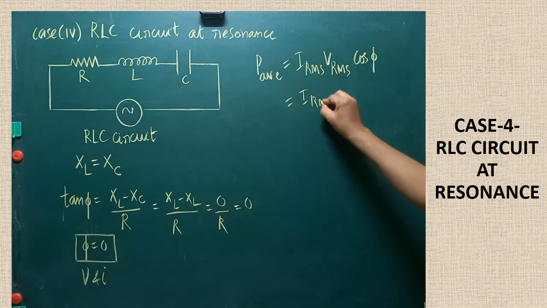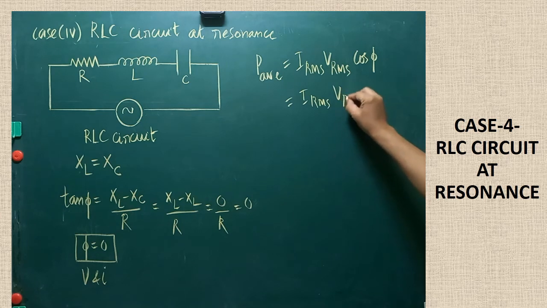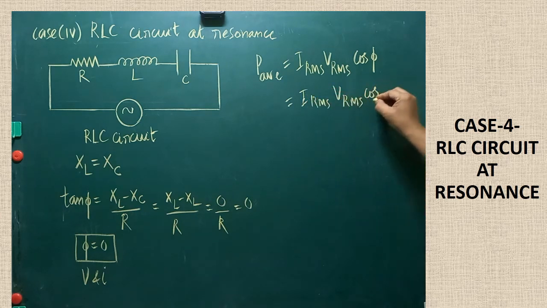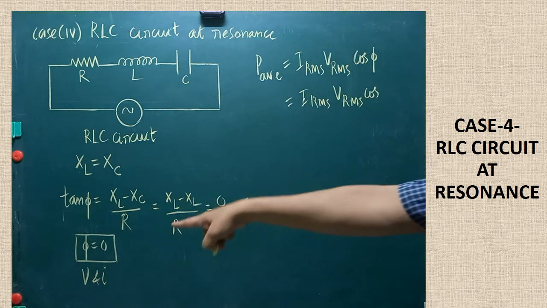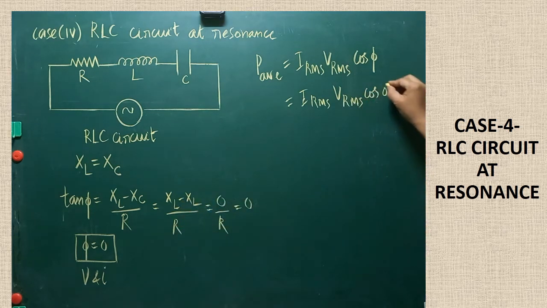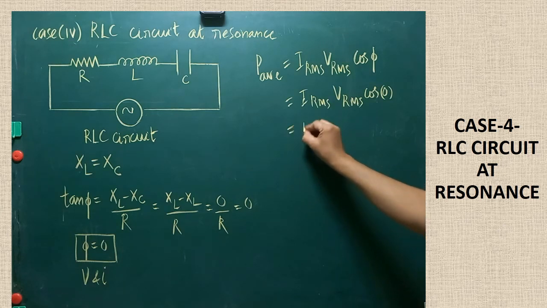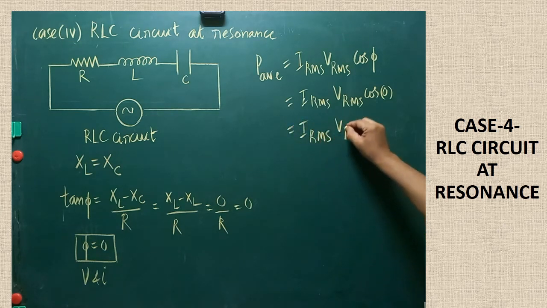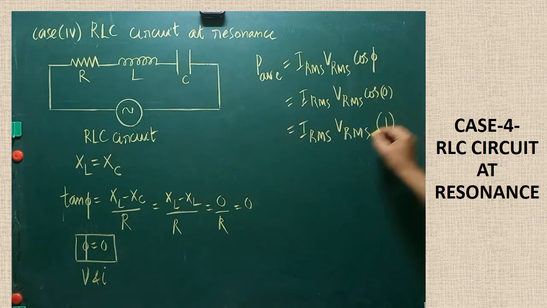IRMS, VRMS, cos 0 to be written because pi value is 0. Cos 0 value is equal to 1. So IRMS, VRMS, cos pi value is 1.